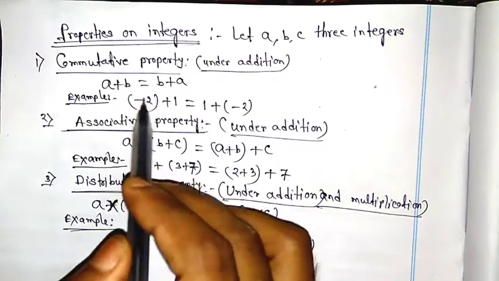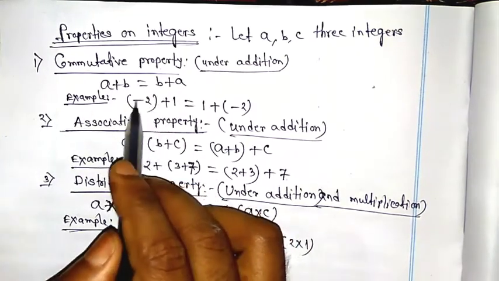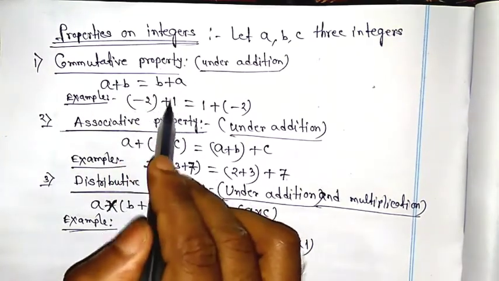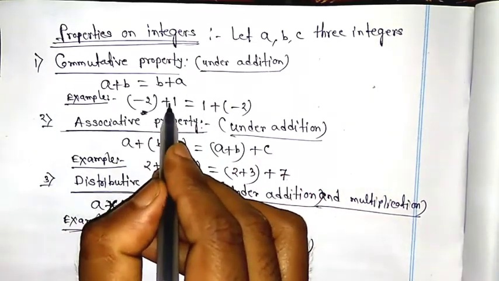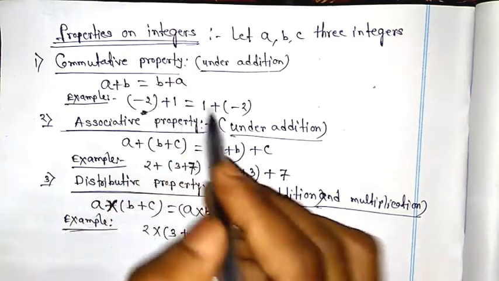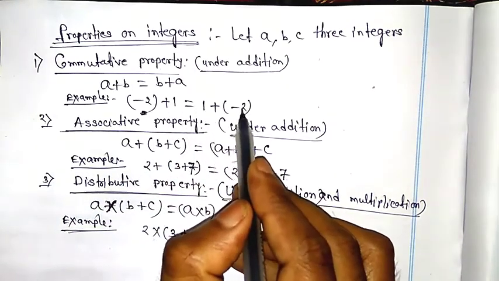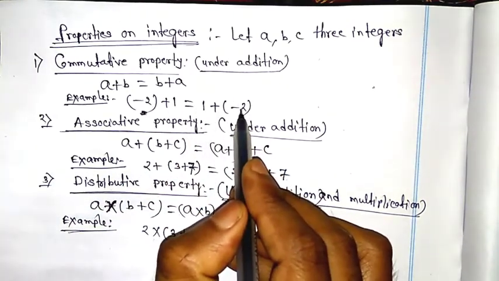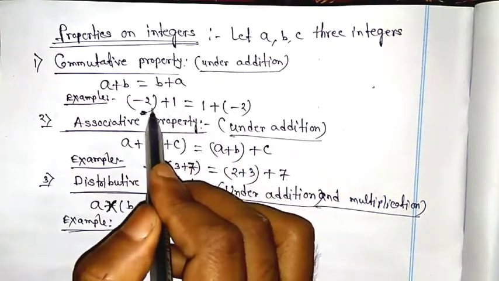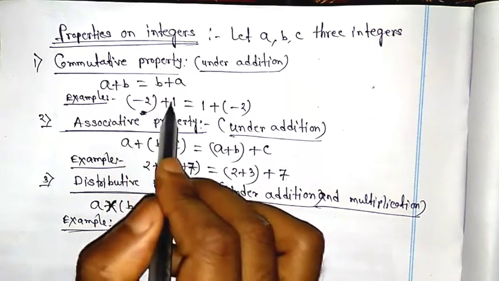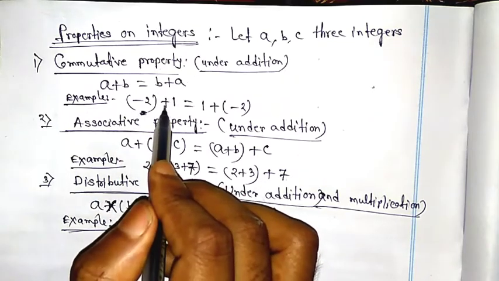For example, suppose we take two integers minus 2 and 1. Then minus 2 plus 1, we get minus 1. Again 1 plus minus 2, again we get minus 1. So we can write minus 2 plus 1 equal to 1 plus minus 2. So this addition of integers does not depend on the order.